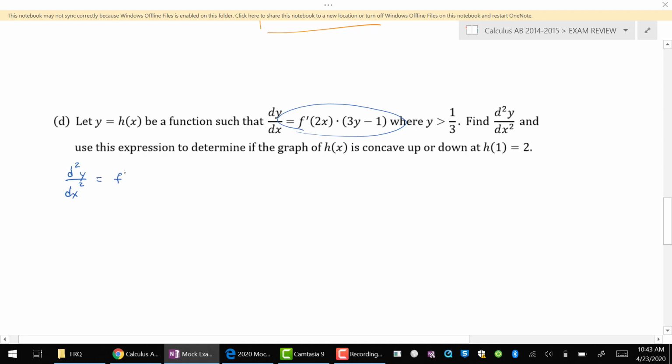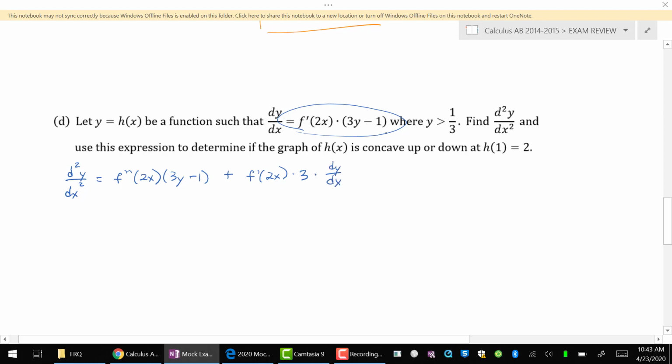Derivative of the first times the second plus the first times derivative of the second. And then 3 times dy dx, essentially because it's implicit differentiation.